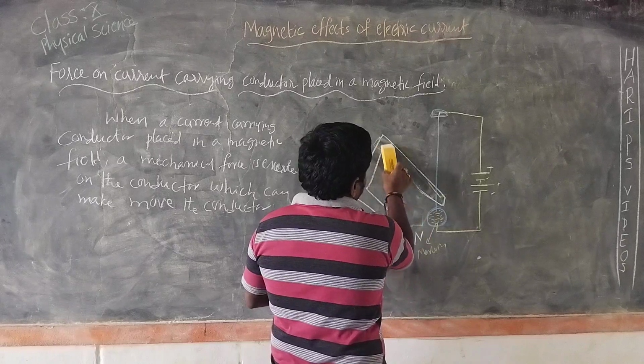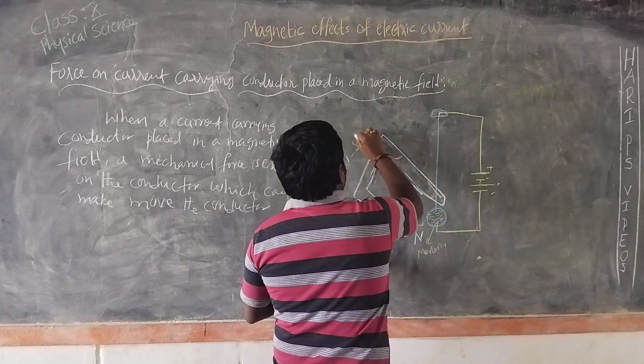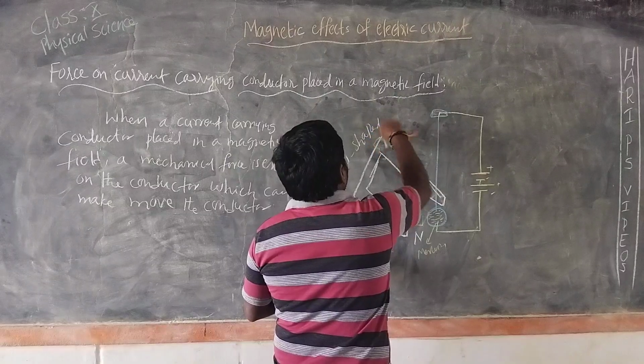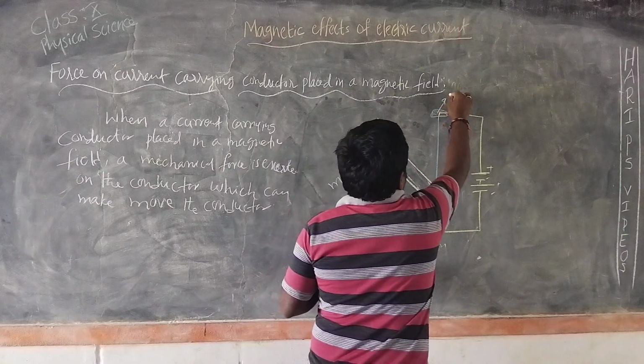So, like this, a U-shaped magnet is supported.